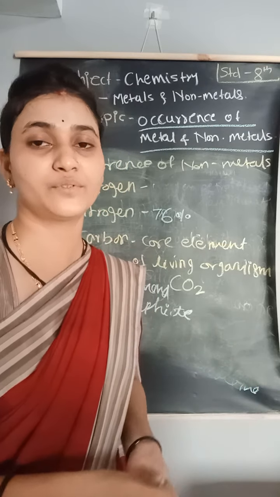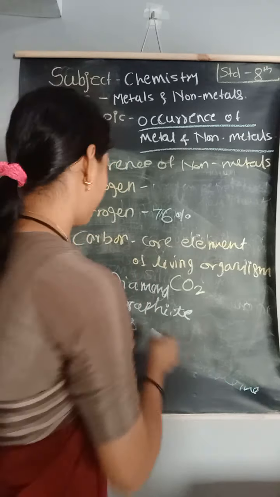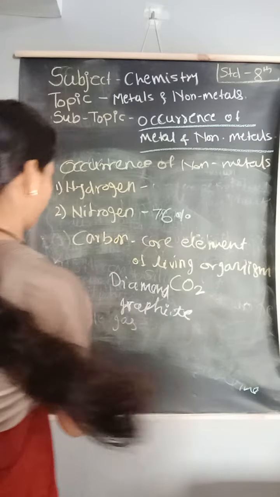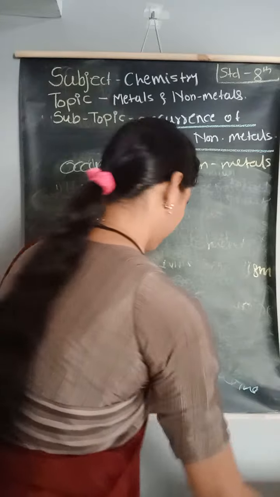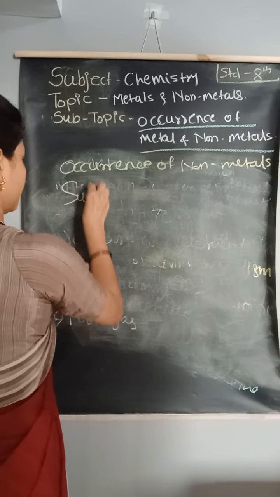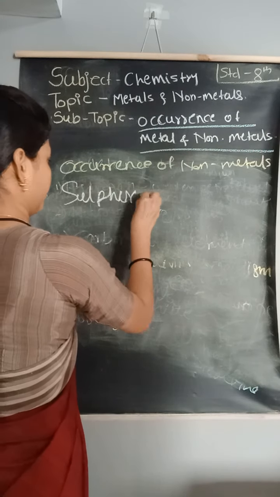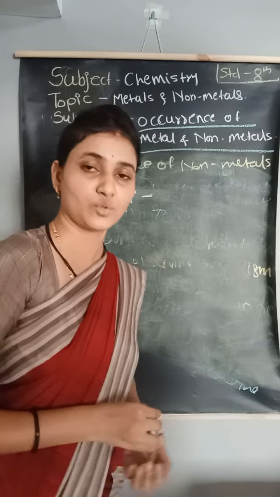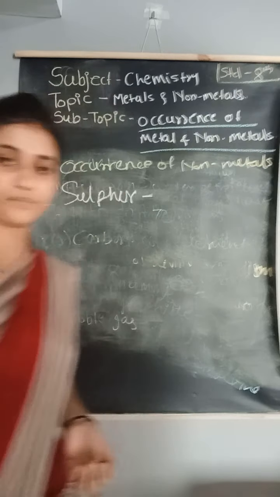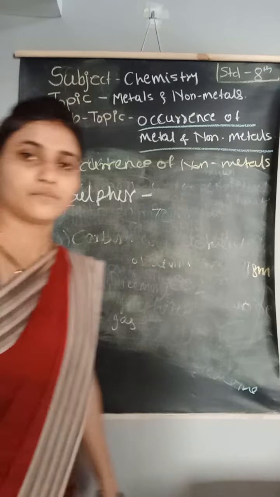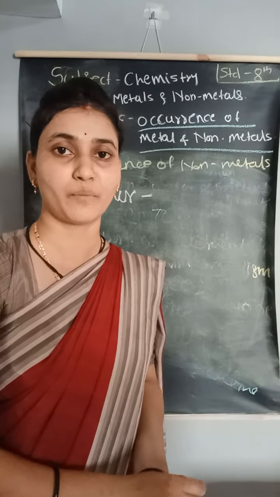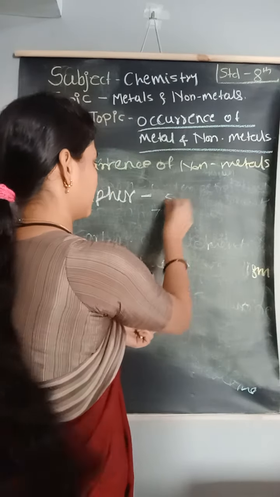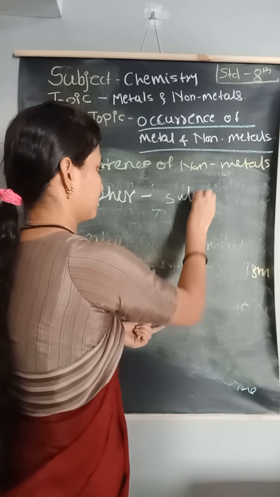Then after that we will see the occurrence of sulfur. Sulfur is present in the earth crust in the combined state, like sulfides.